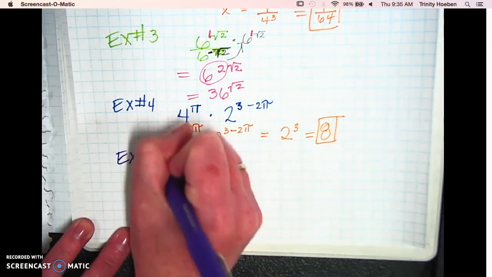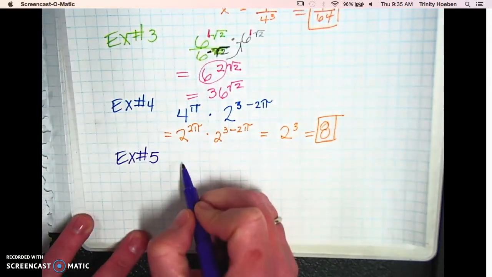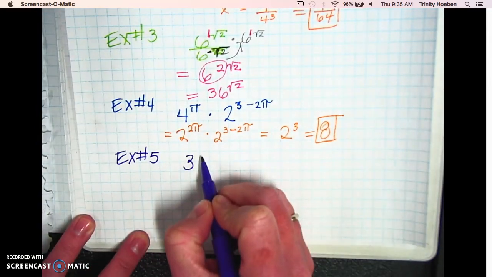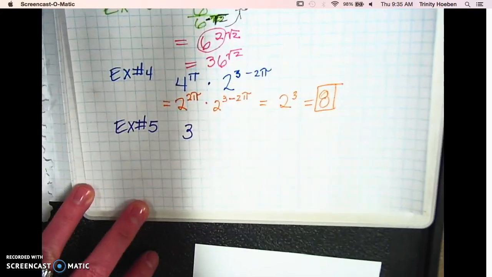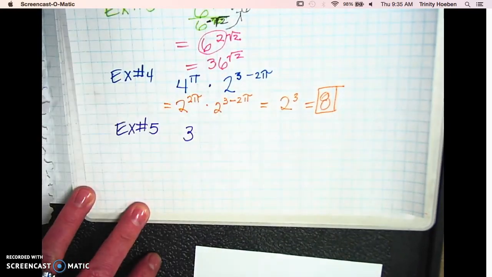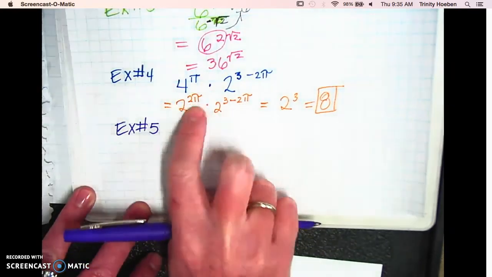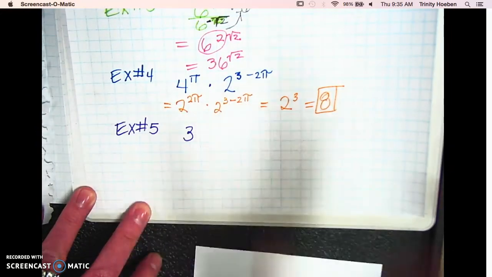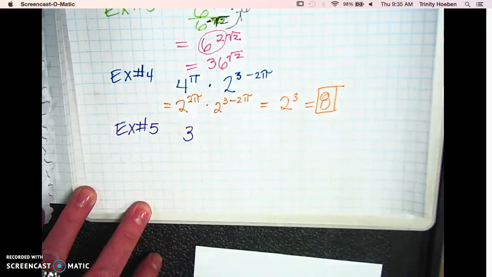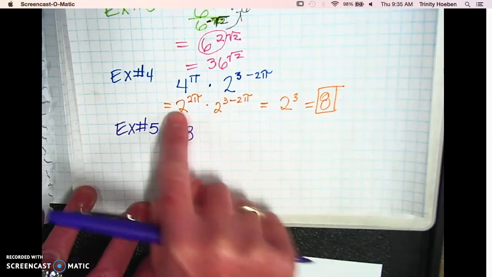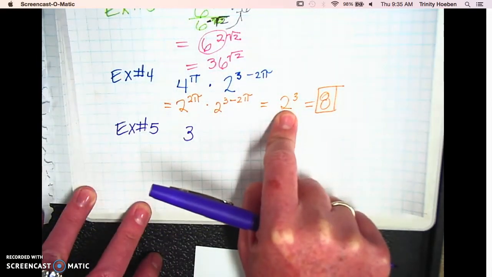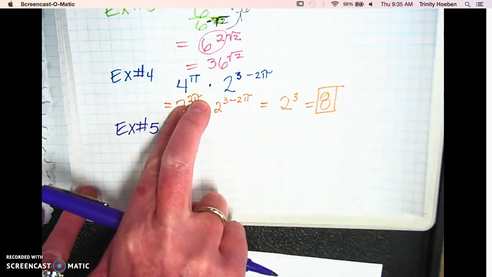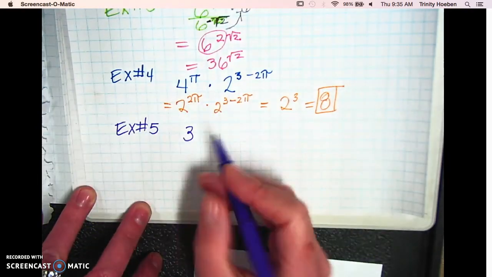Example number 5. We added these exponents, so the 2 pi minus the 2 pi, they're opposites, so they go to 0. Because there's the same base, you just take that one base and add the exponents.